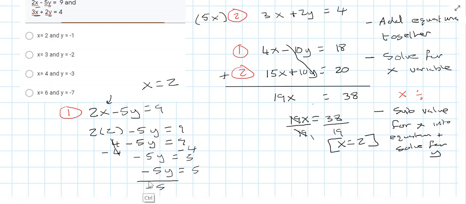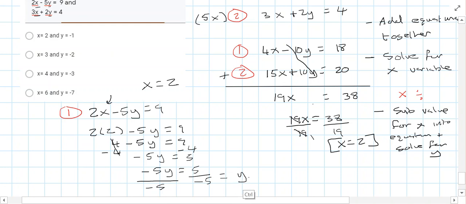If we divide this side by minus 5, it'll be plus 1y, and we do the same on the other side. Minus 5 divided by minus 5 is plus 1, so y is equal to plus 5 divided by minus 5, which is equal to minus 1.